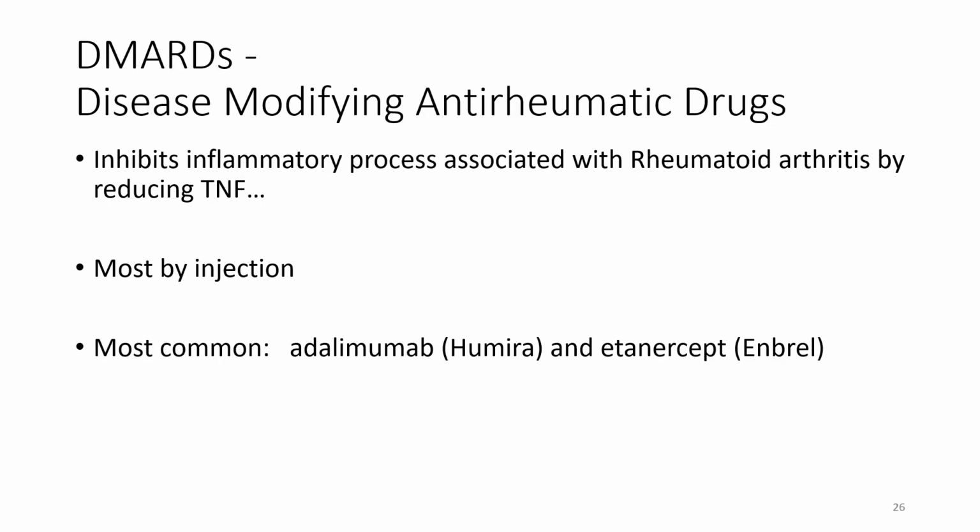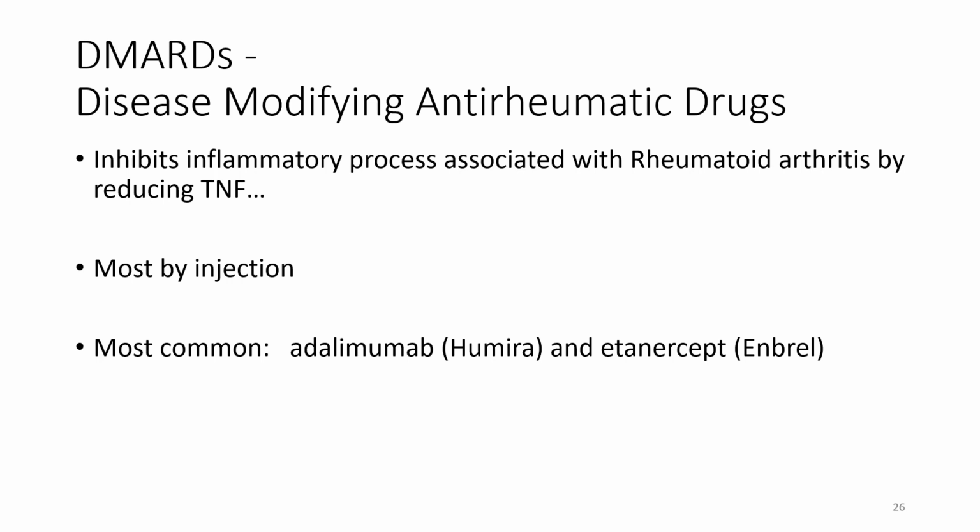So DMARDs or disease-modifying anti-rheumatic drugs. Okay, I just simply refer to them as DMARDs. It's easier than saying all of that. So these drugs just reduce the progression of that destruction of tissue that's typically involved in those autoimmune disorders like rheumatoid arthritis.